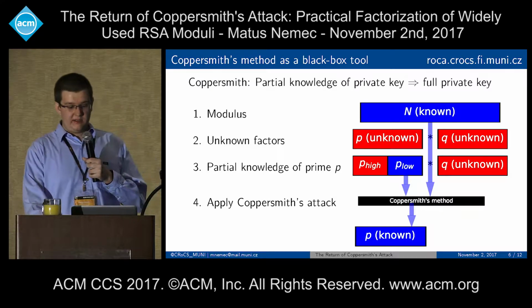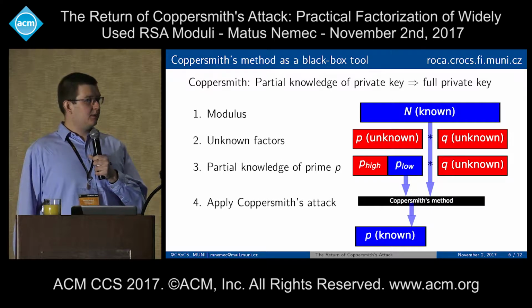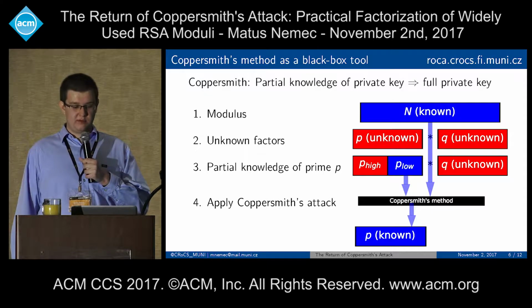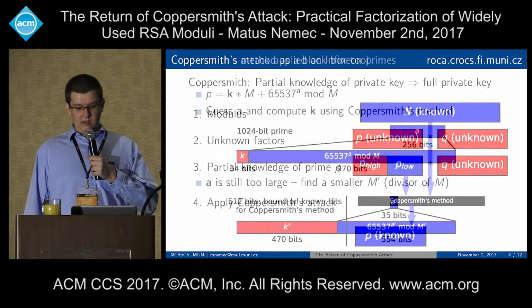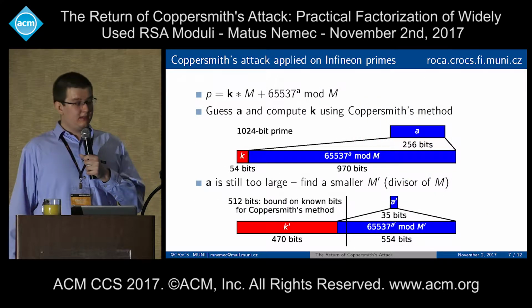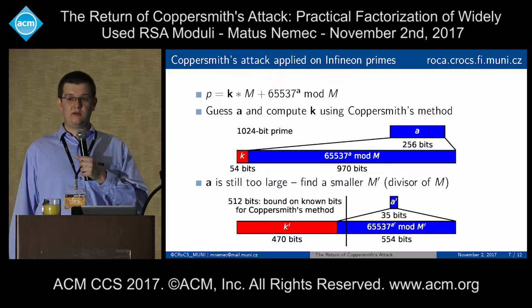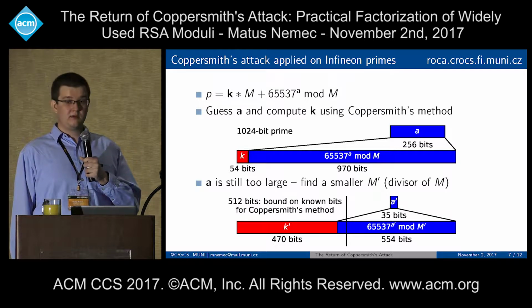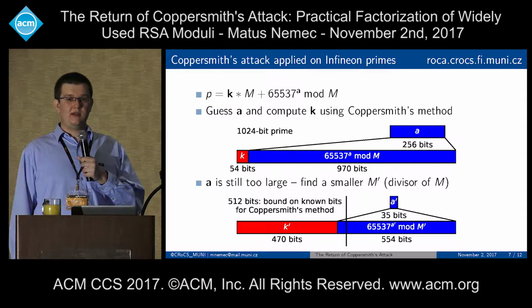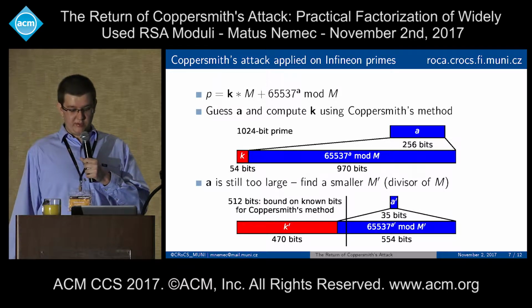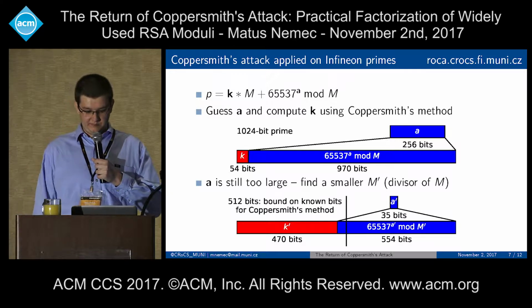We leverage this method and use it with the specific format of primes in question. To learn the value of this prime, we have to learn the values A and K. But thanks to Coppersmith's attack, we only need to find A, and then we are able to compute K from this.